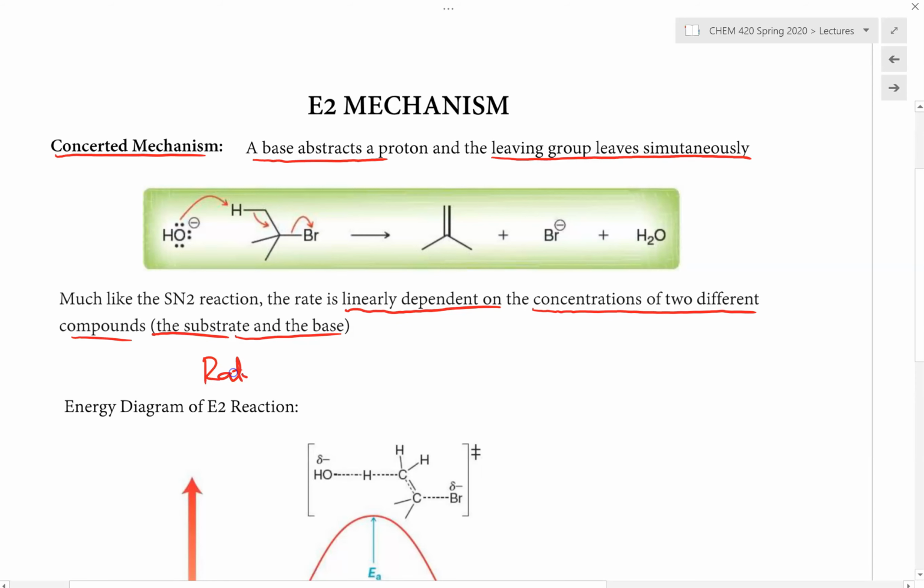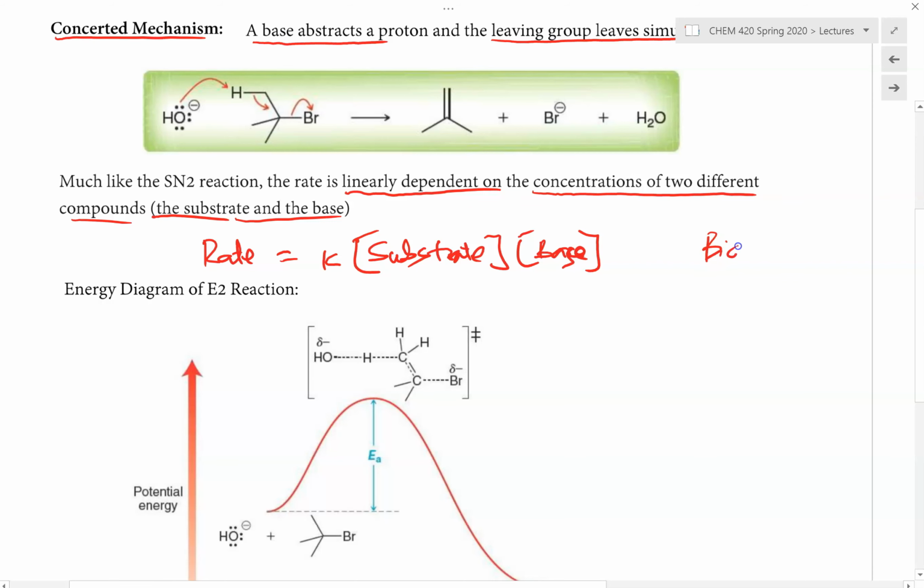So the rate of the reaction is equal to k multiplied by the concentration of the substrate multiplied by the concentration of the base. The rate is sensitive to the concentration of two substances, the substrate and the base. Therefore bimolecular, and therefore an E2 reaction.